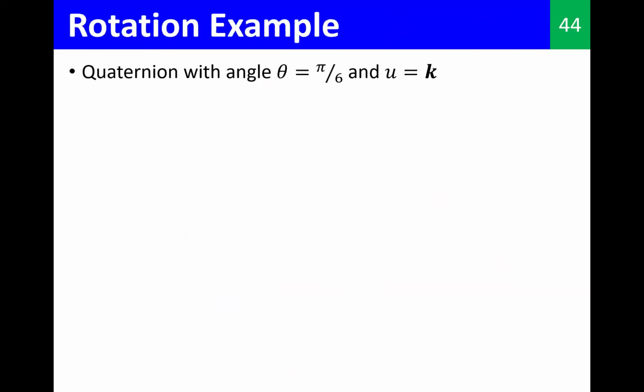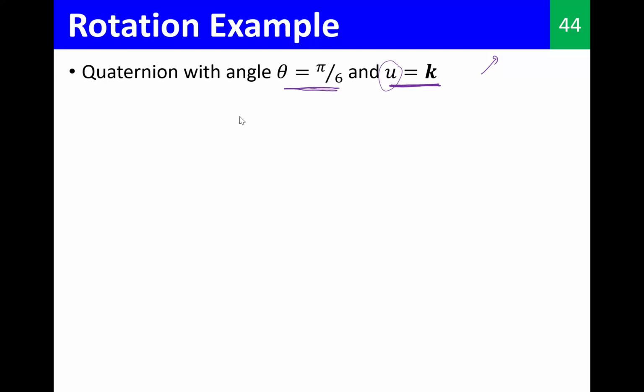Maybe I skip this part and we'll do this simple example and figure that out. So instead of very complicated directions, let's just take the unit vector part as just k, and my angle is 30 degrees.